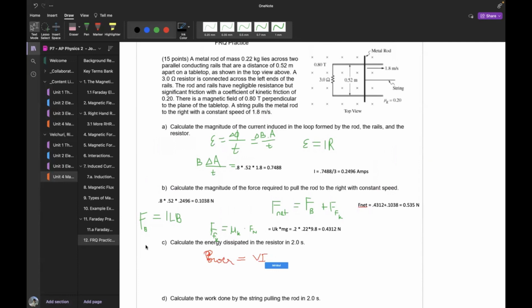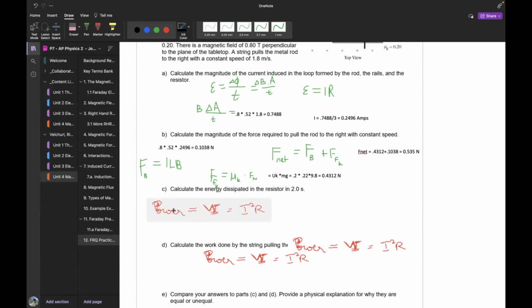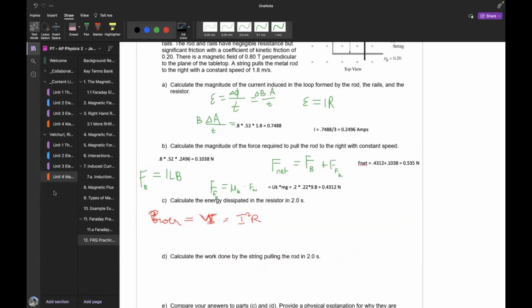VI, or in the electrical circuit, the formula for power, I squared R. Yes, we can use any, we have both I, and let's use this I for I squared R. Power, that's also.